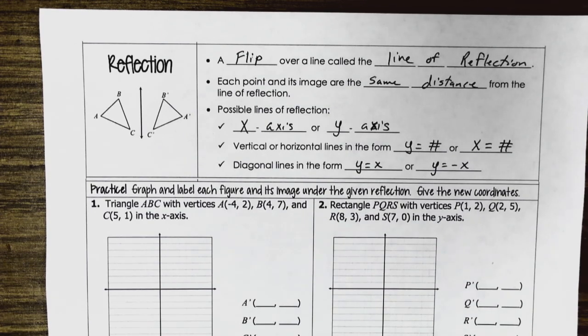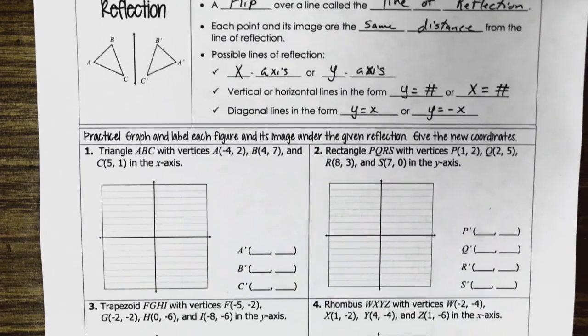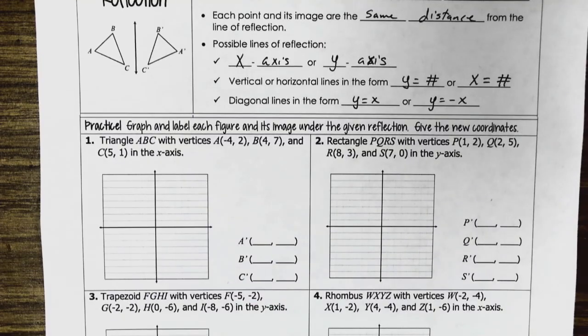Okay, so first let's do a couple of easy ones. The first one wants us to reflect triangle ABC, with A at (-4, 2), B at (4, 7), and C at (5, 1), over the x-axis. So first let's label our points. A is at -4, 2. B is at 4, 7.